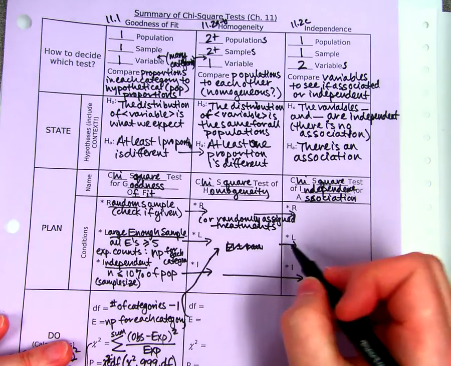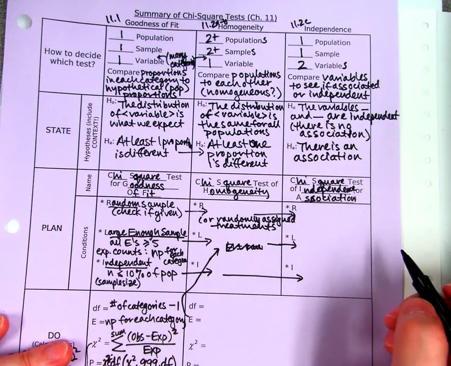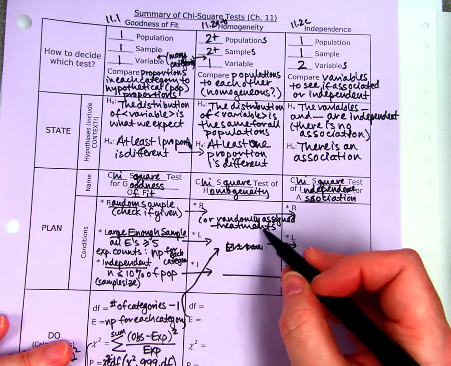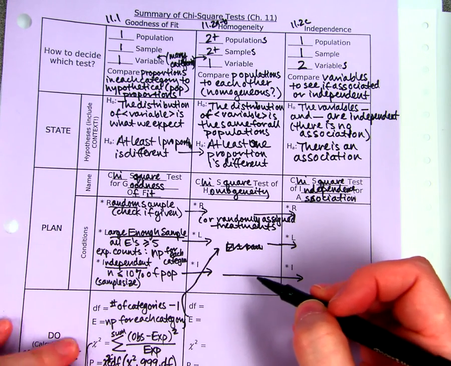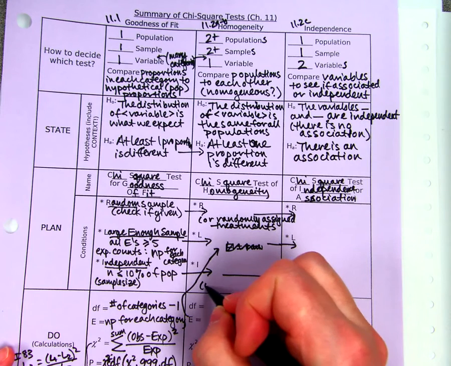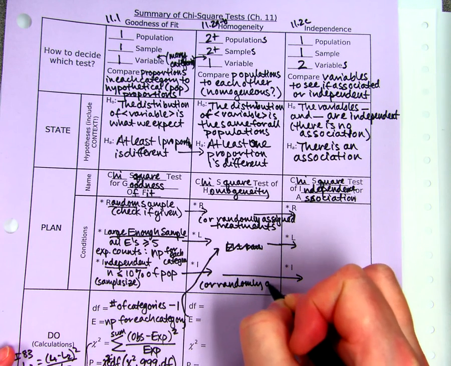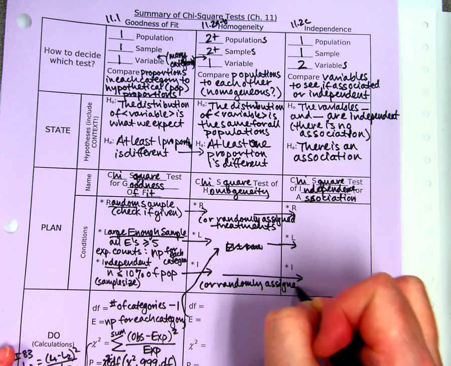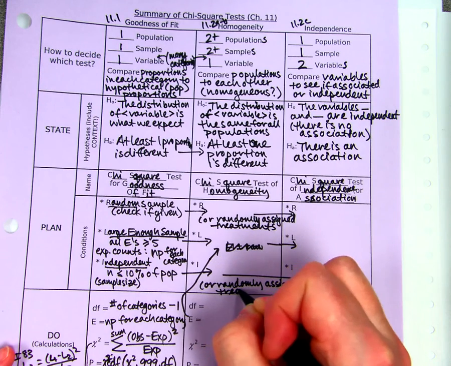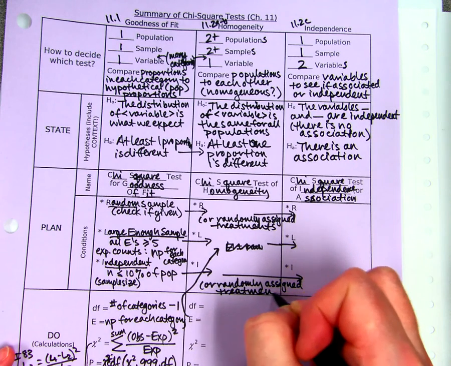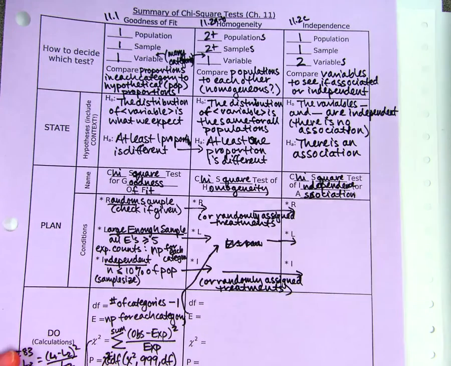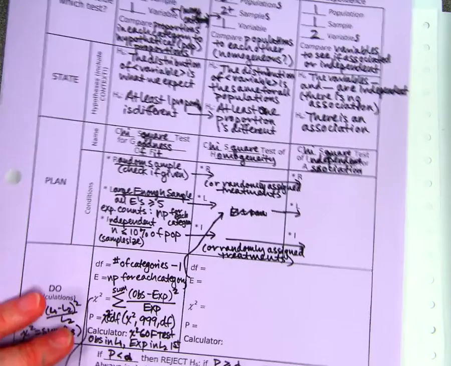So you don't have to write it again unless you want to. And then remember, if it's an experiment, you don't have to check the 10% rule. So I'm going to say or randomly assigned treatments. And that would be with homogeneity that you'd have an experiment. So that's the same. We don't need to write it again, right?